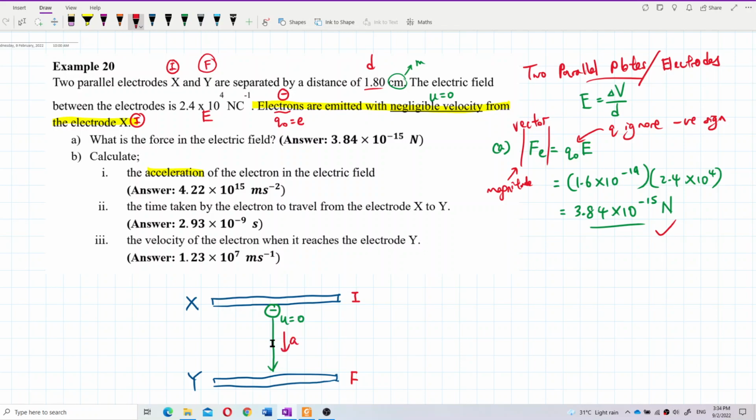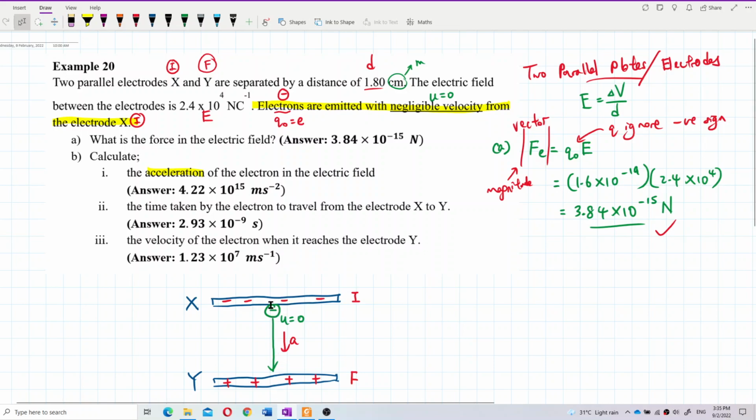So here it has a final velocity V. That means X should be the negative plate. It repels the electron downward to the positive plate, and the electron is attracted to the positive plate. Understand?